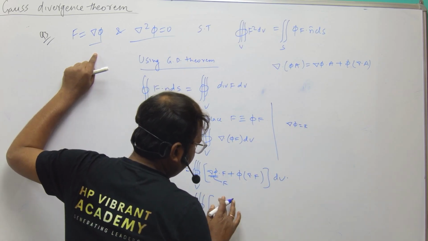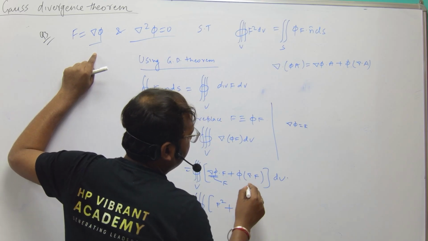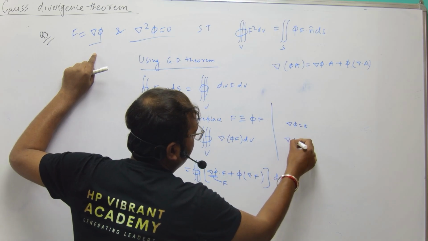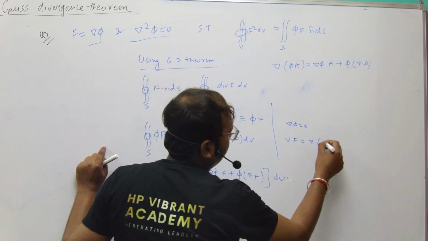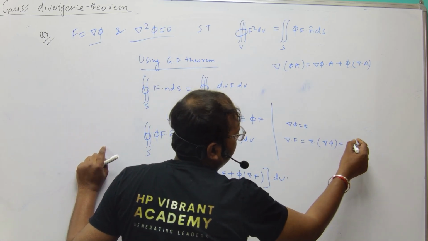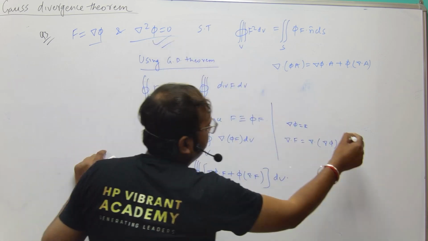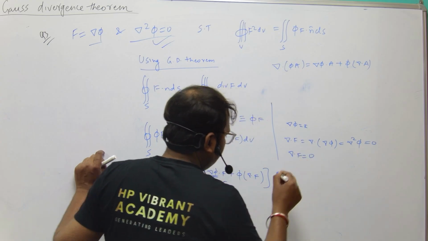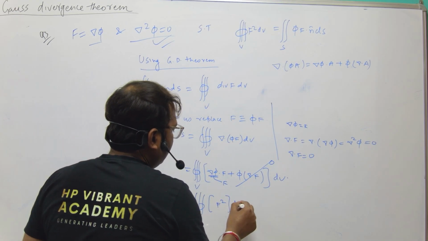F dot F is F square, plus phi times del dot F. Del dot F will be equal to del dot del phi, so this is equal to del square phi. Del square phi is given in the question as 0. So divergence of F, del dot F, is equal to 0. So this is equal to F square dV.